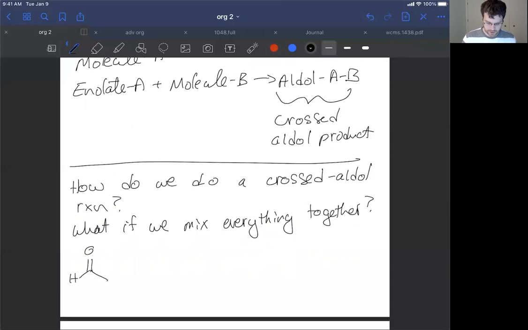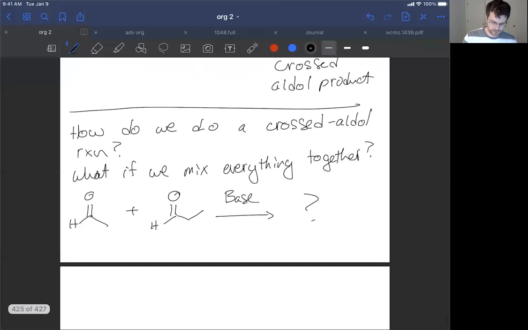Okay, so let's say we take this aldehyde and this aldehyde and we treat them both with some base. What is the outcome? Okay, so in this case we have, let's call this carbonyl A and carbonyl B. So scenario 1, A forms an enolate.